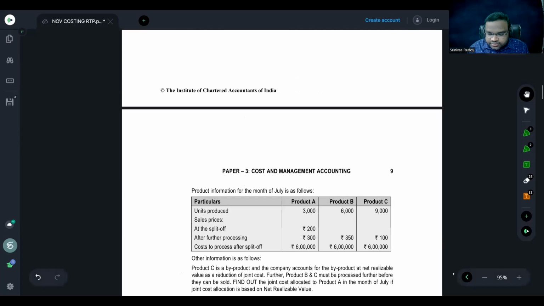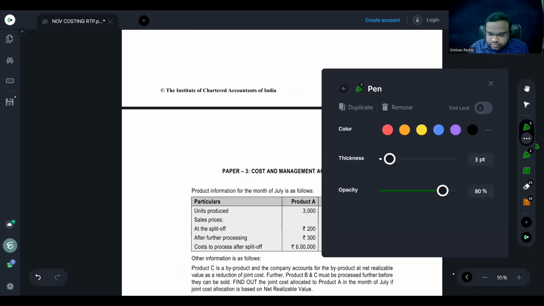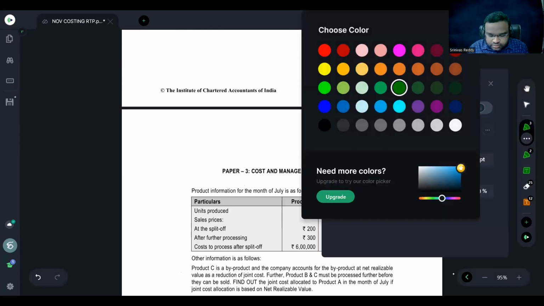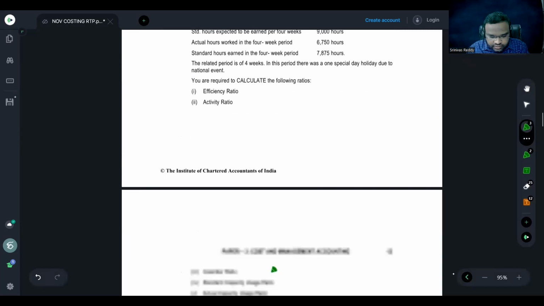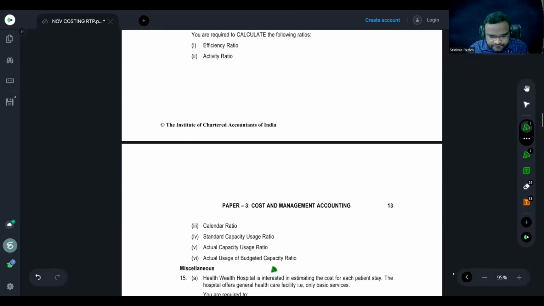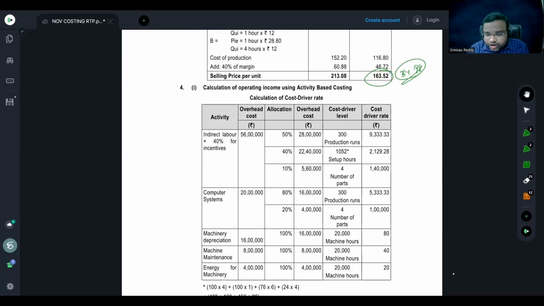Let us do it. Come to question number 4. Now, what is our formula? First, we need to work out the cost driver rate: total activity cost divided by the activity base.